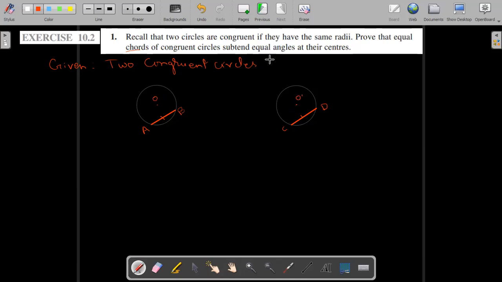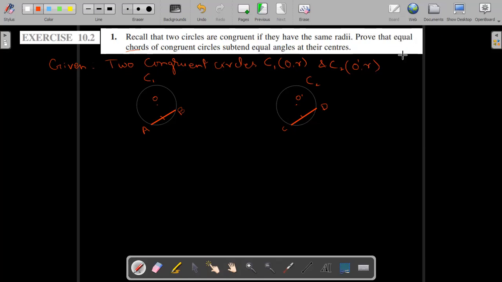The two congruent circles we can call C1 and C2. We used to write like this. C1 is a circle whose center is O and whose radius is R. And C2 has a different point for the center, but the radius is the same because they are congruent circles.